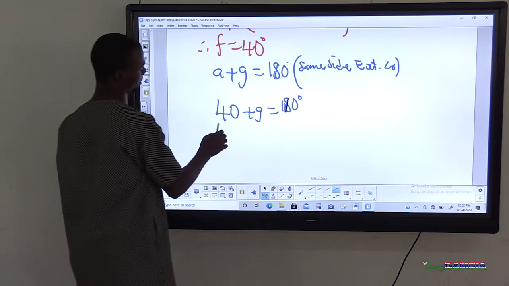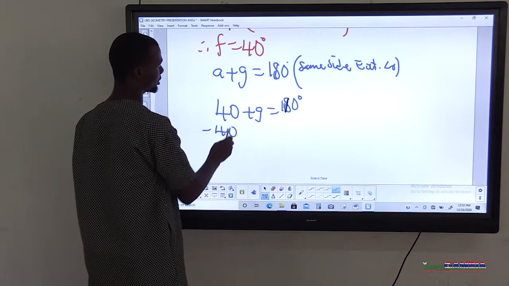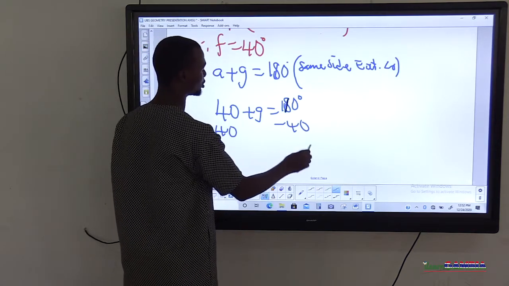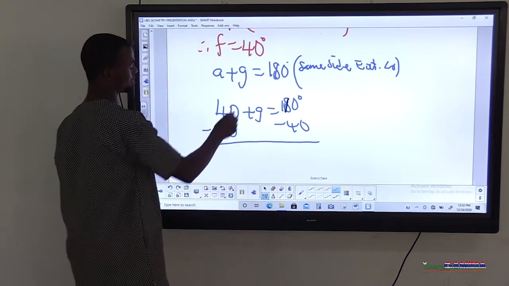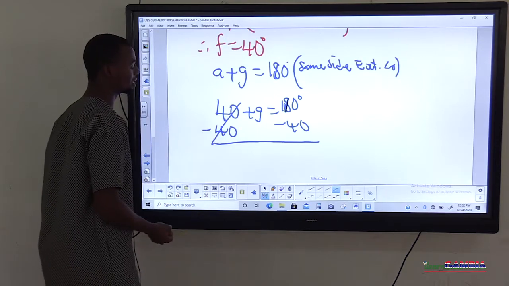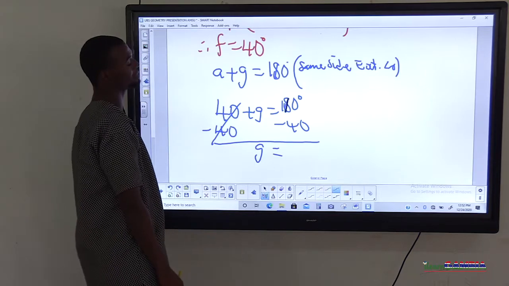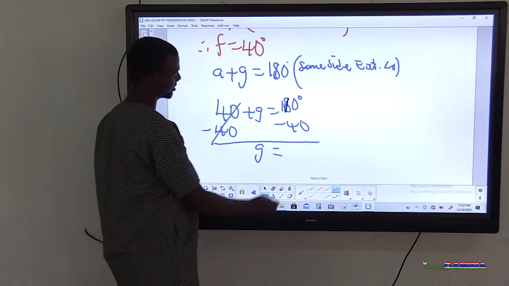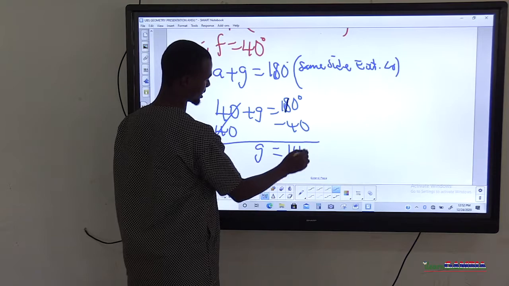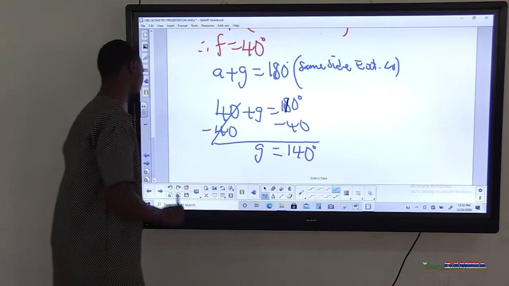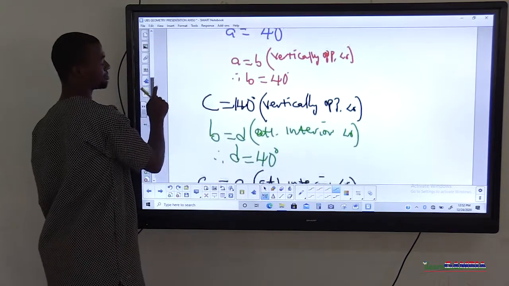We undo the 40 from this side. That will be minus 40, and here we have minus 40. So minus 40 plus 40 will cancel. We have G is equal to 180 minus 40, that is 140 degrees.